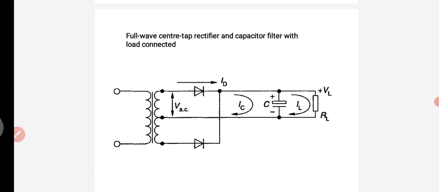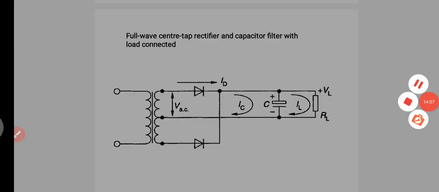Now the next one is the full wave center tapped rectifier and capacitor filter with load connected. Here the filter type is the capacitor filter. The input for the capacitor filter is coming from the full wave center tapped rectifier circuit.